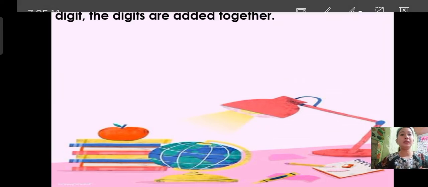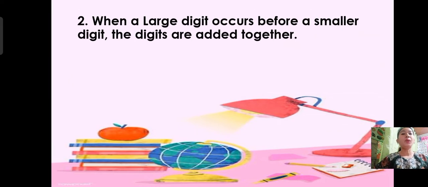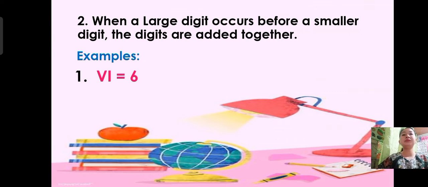Our next rule is when a large digit occurs before a smaller digit, the digits are added together. For example, Roman numeral V and I, its value is 6. Roman numeral V has a value of 5 and Roman numeral I has a value of 1.